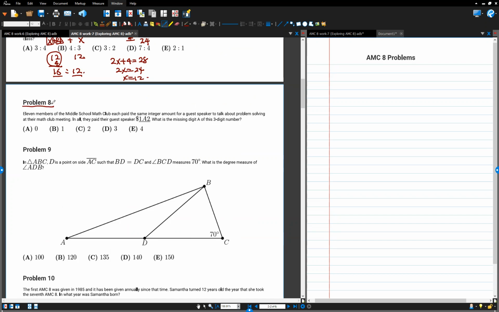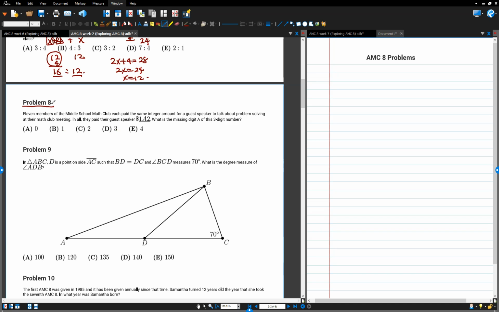Number 8. 11 members of the middle school math club each paid the same integer amount for a guest speaker to talk about problem solving at their math meeting. Each paid an integer amount for the guest speaker.